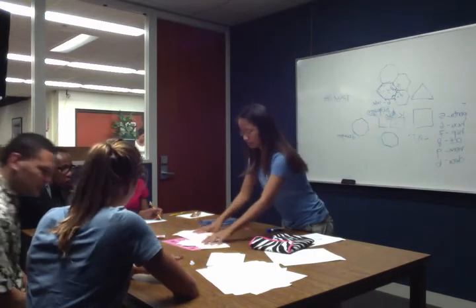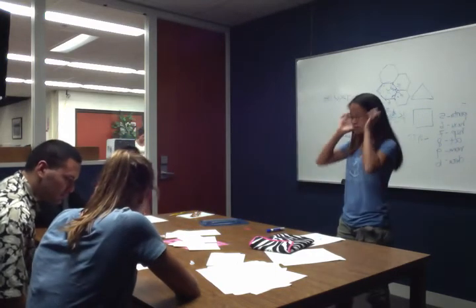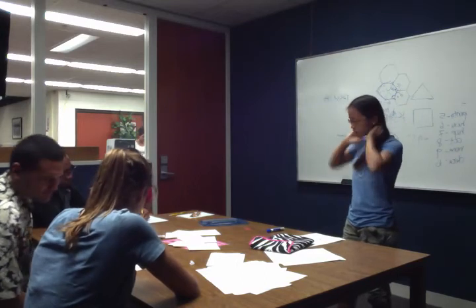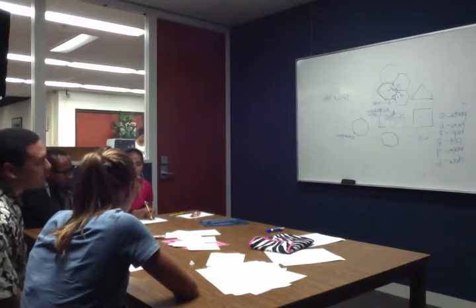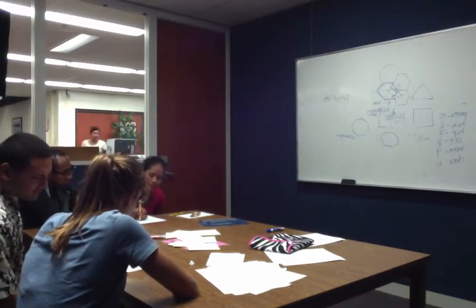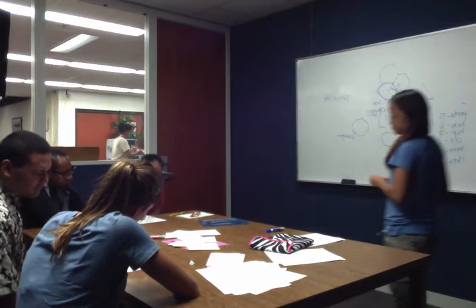The first one, triangle. Second one, square. Pentagon. Hexagon. Octagon. Does it tessellate? We'll find out.